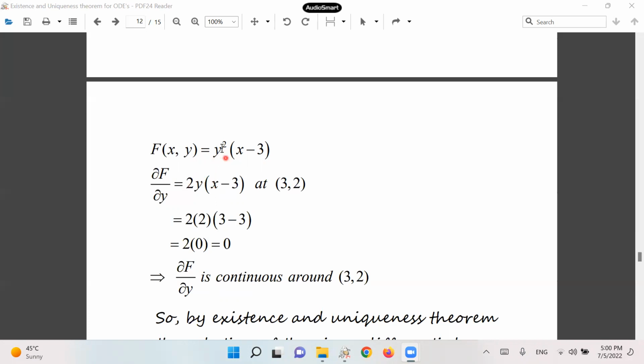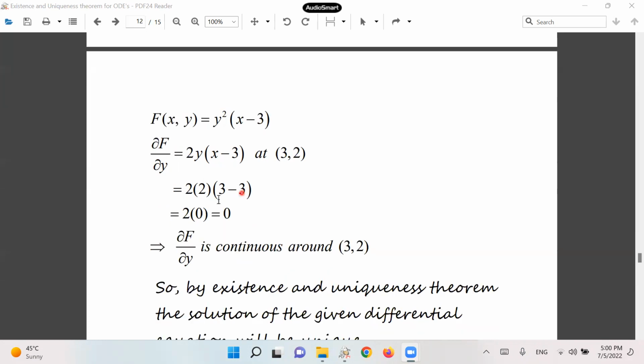When we take the derivative of y square, we get 2y. And x minus 3 is considered a constant because x is constant when taking the derivative with respect to y. So we get the answer 2y into x minus 3.